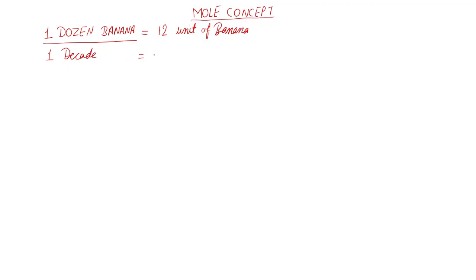Okay. It means 10 years. So 1 dozen banana means 12 units specially, and 1 decade means 10 years especially. Same as when we say 1 mole, it means 6.022 into 10 to the power 23 units are present in 1 mole, in simple words.